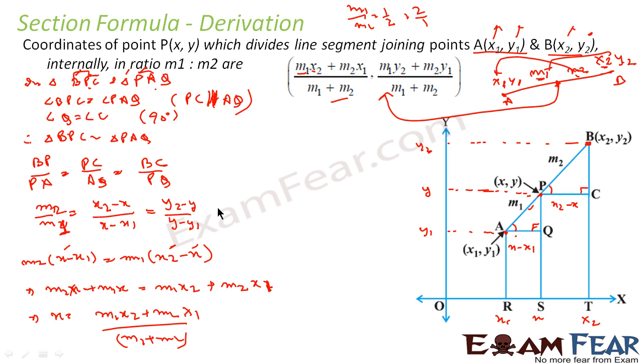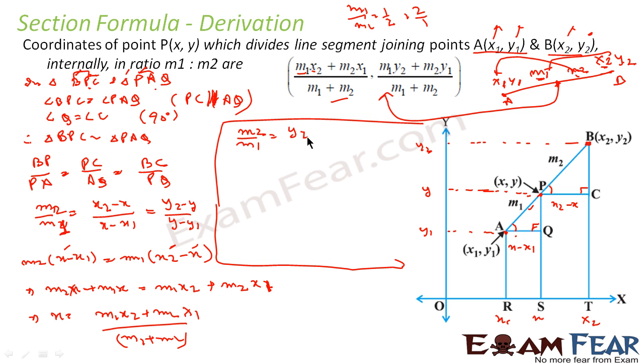Similarly, we'll take the value of y. We'll take this equation in this one. So what we get? m2 by m1 is equal to y2 minus y by y minus y1, or we get m2y minus m2y1 is equal to m1y2 minus m1y. Correct?